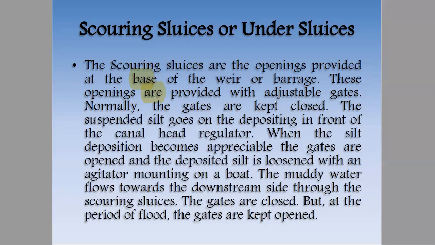These openings are provided with adjustable gates. Normally, the gates are kept closed. Okay. Suppose we are not closing this gate, what will happen? They will never store any water. Okay, the storage will be zero if we provide openings at the bottommost point. So we keep them closed and we open only when there is a requirement of scouring effects.